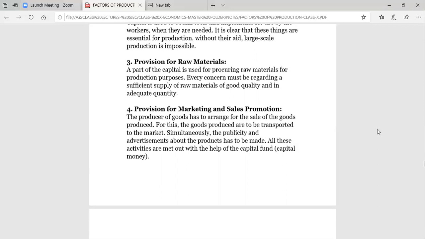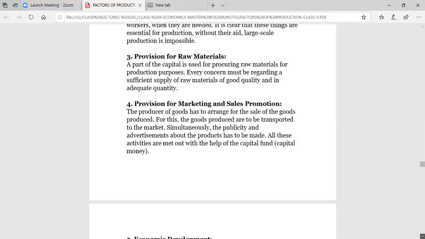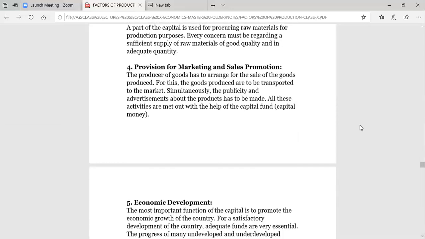Provision for marketing and sales promotion. It is not that you have produced something and automatically it will be sold. No, it is not like that. We have already gone through the understanding that for every finished product, you need proper marketing and sales promotion. Otherwise, how does the consumer know that this type of product has come into the market?